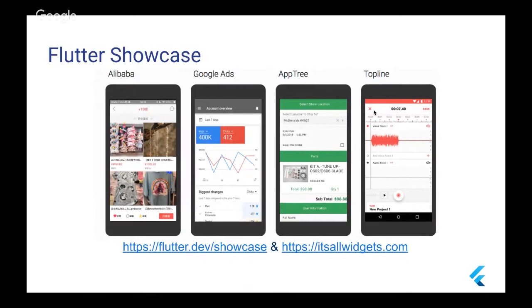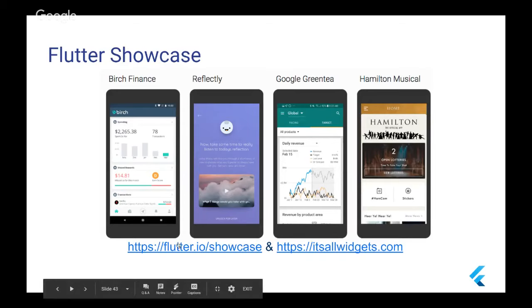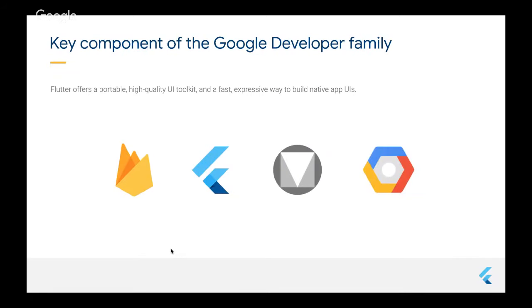You are building a voice recording application, analytical application, or e-commerce application, or even video application, or any sort of application. You will find applications built using Flutter, and you can easily find them on these two websites. It's allwidgets.com and the Flutter.io showcase.